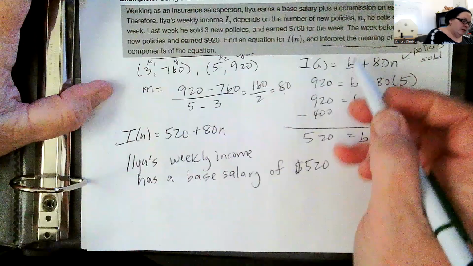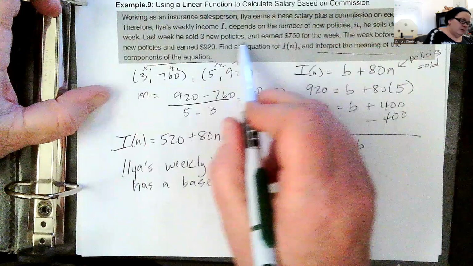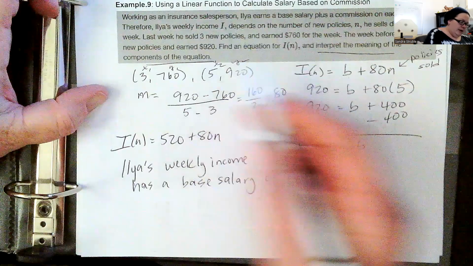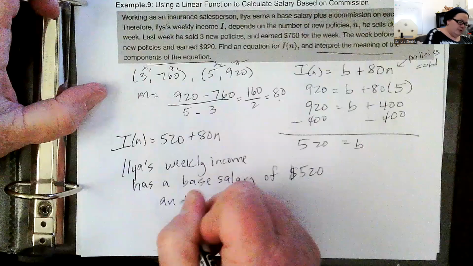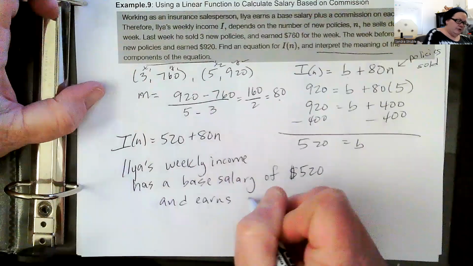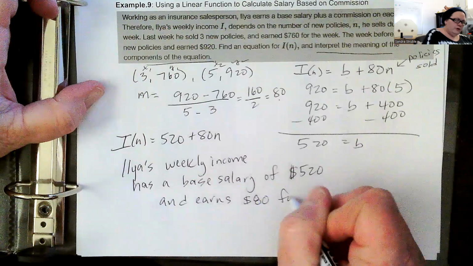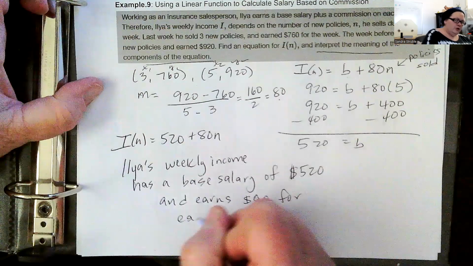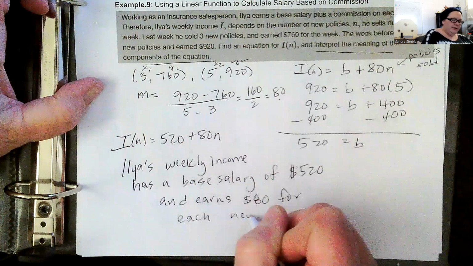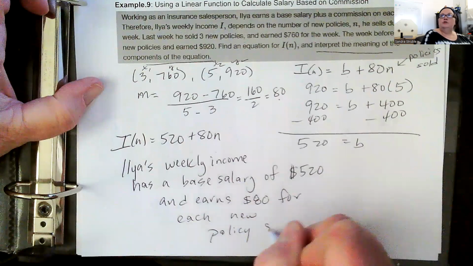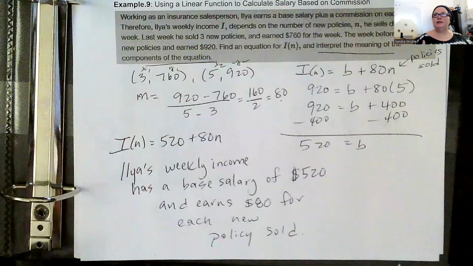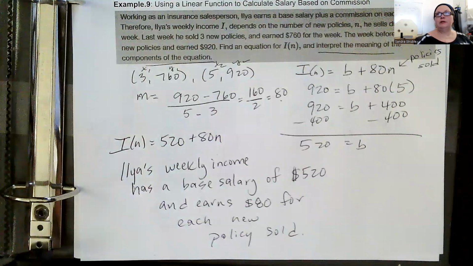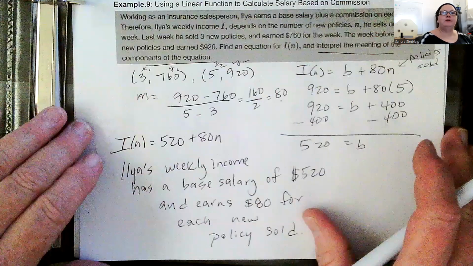And then sells during the week and earns $80 for each new policy sold. That's the interpretation. Okay, it's just explaining what's happening here in this function.